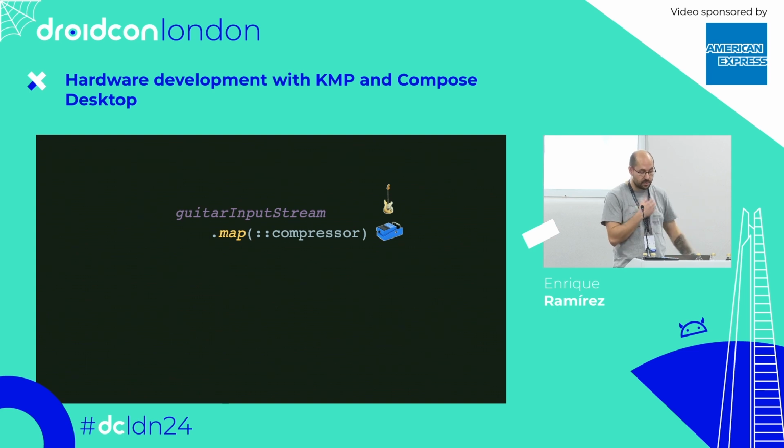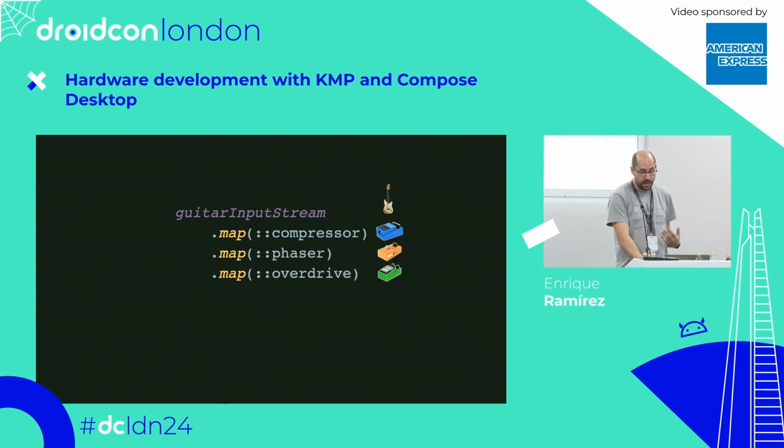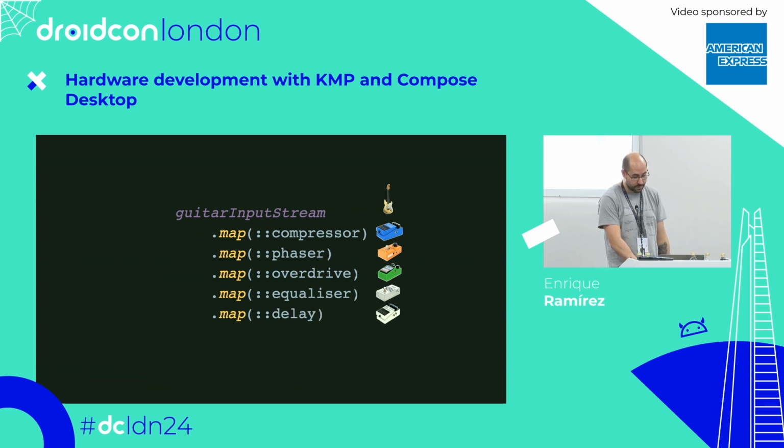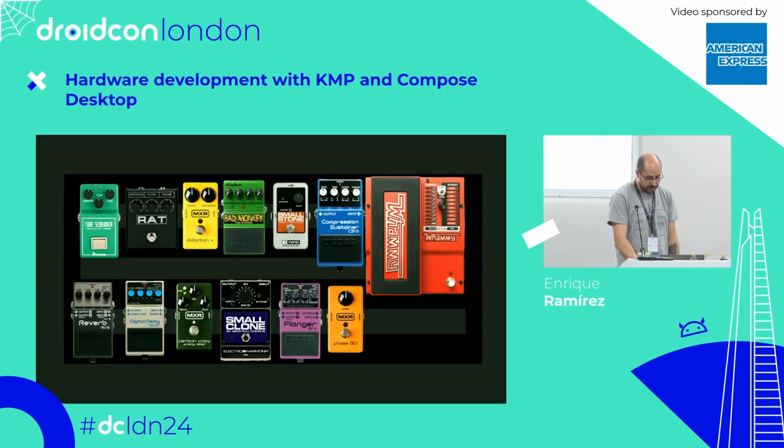So we keep transforming it, and we can create many different combinations of them. We could use so many of them, from distortions to echoes, delays, compressors, equalizers. But it's similar in a way to what we do with streams in functional programming.